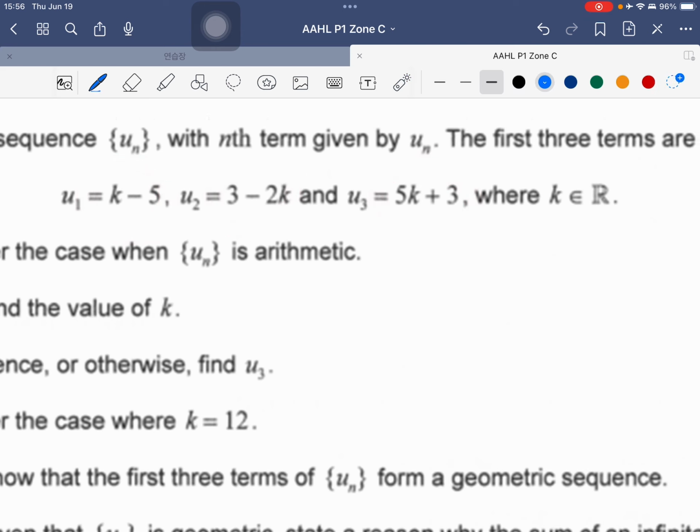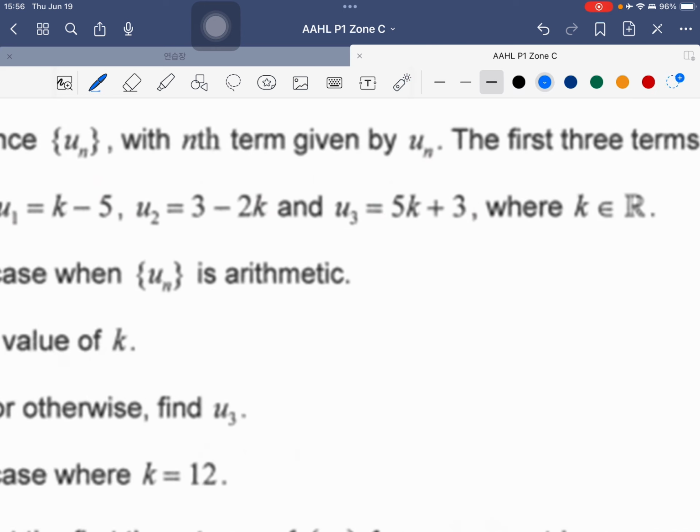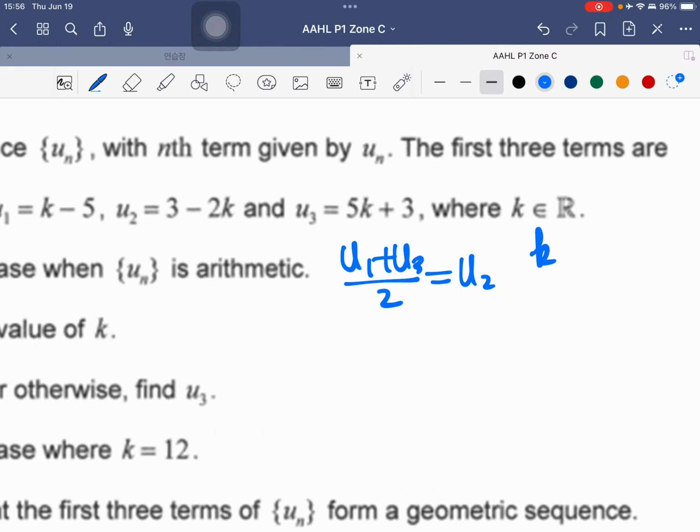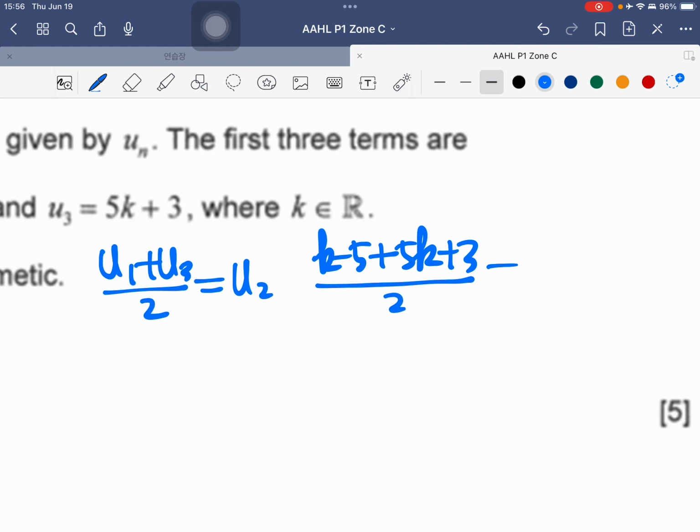So u1 plus u3 divided by 2 must be equal to u2. So that means u1 plus u3, 6k minus 2, divided by 2 is equal to 3 minus 2k.